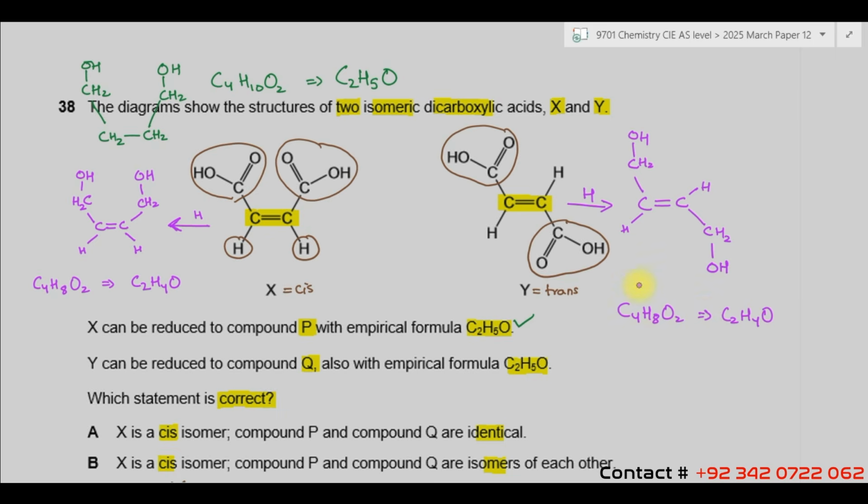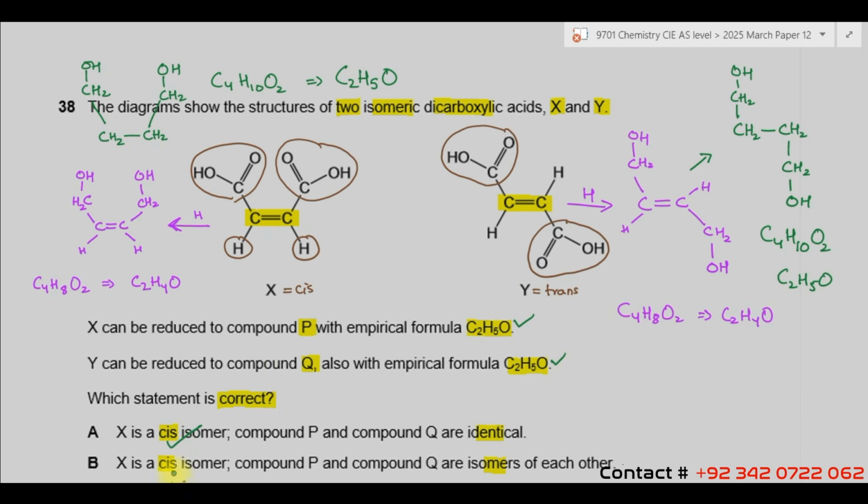We need to make it C2H5O, so we can further add hydrogens as we did in that one. So CH2, CH2, CH2OH, CH2OH. Now we have 4 carbons, 10 hydrogens, 2 oxygen. So it is C2H5O empirical.